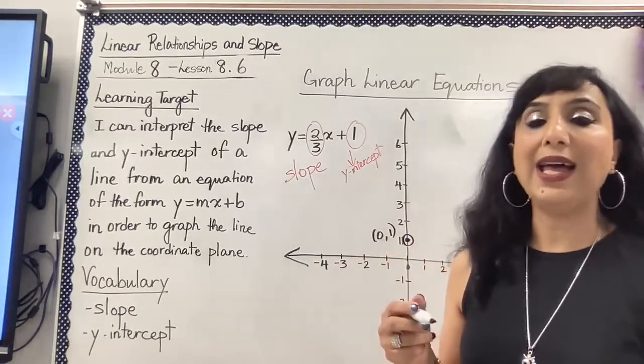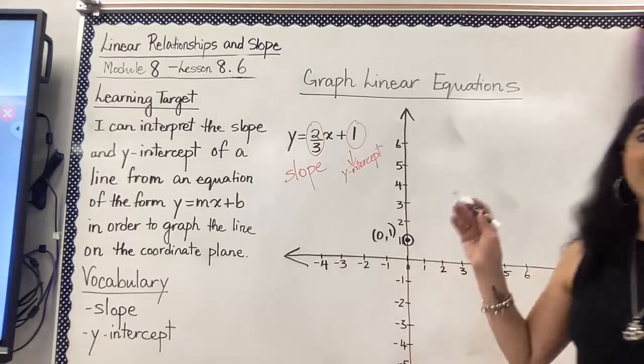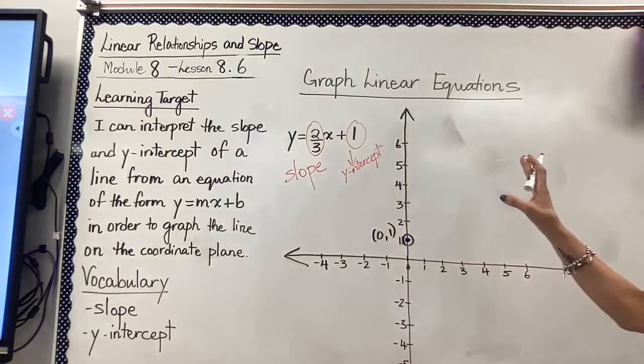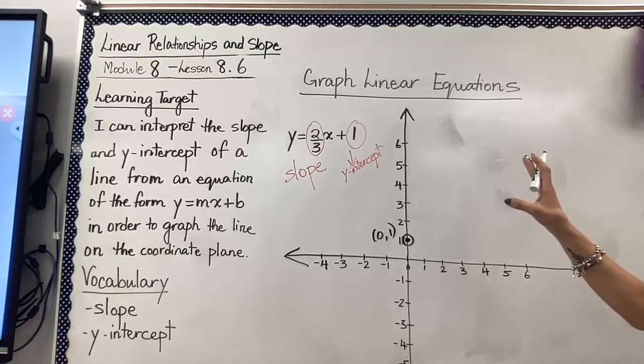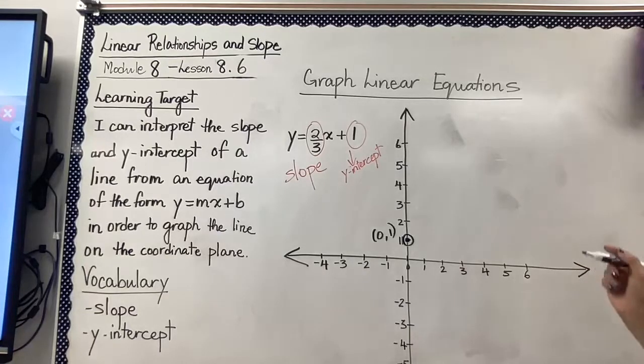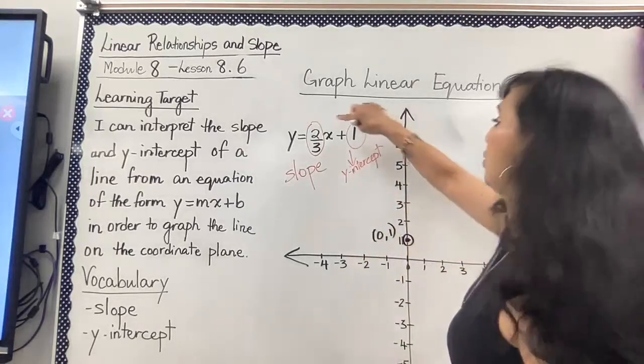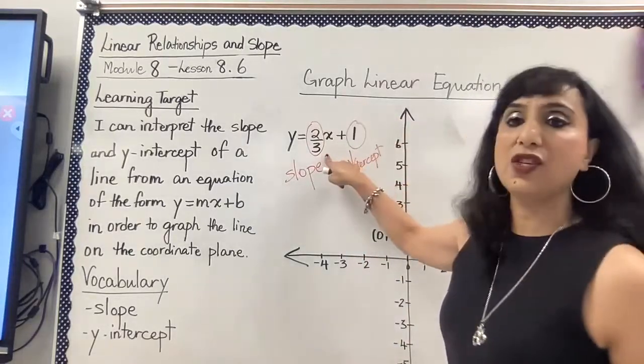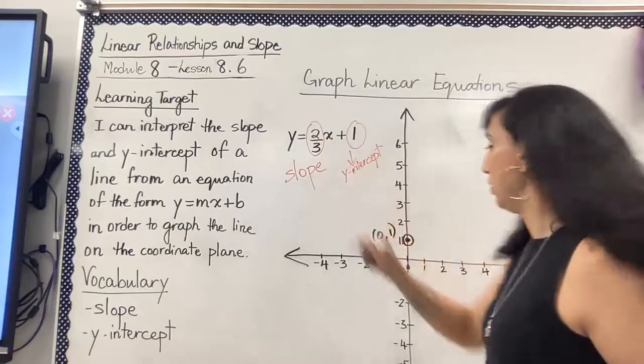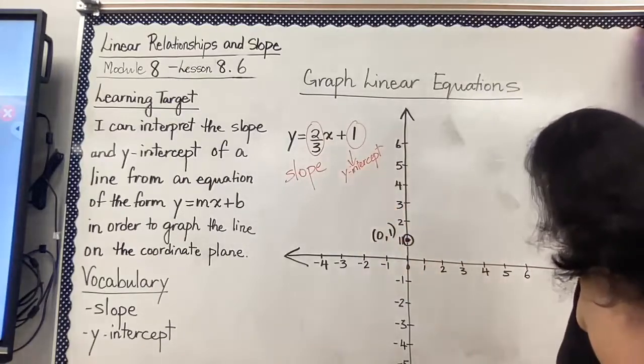All right. And then next, I am going to look at the slope, and looking at the slope, I'm going to locate a second point on the line. So when I am looking at this, what is my rise? My rise is 2, my run is 3. So that means I'm going to go this way.